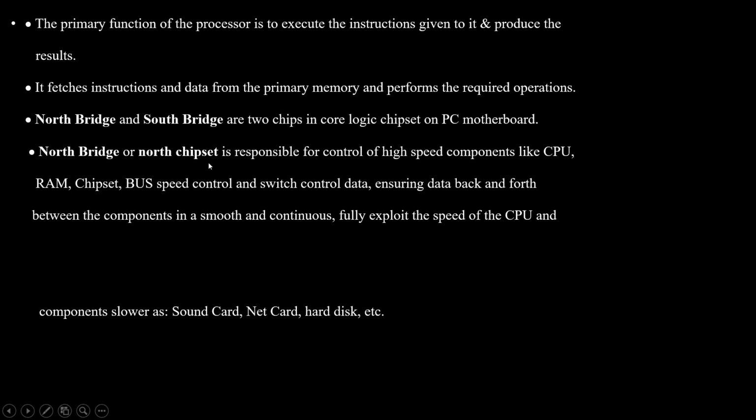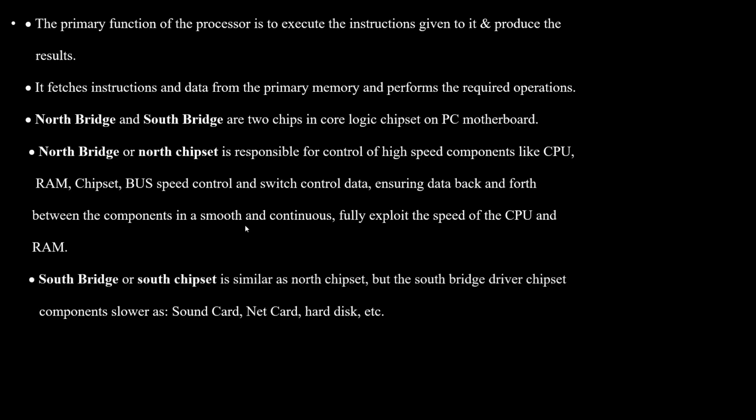The north bridge controls the high speed components like the CPU, RAM, and chipset, controlling and switching data and storing data back and forth between the components. The south bridge is similar in output, but it handles the cheaper components like sound and so on.